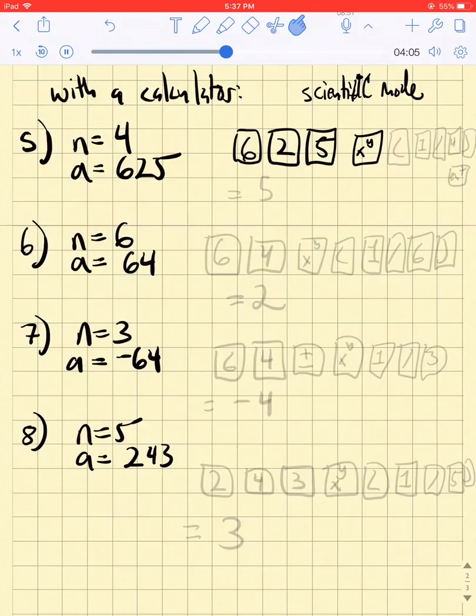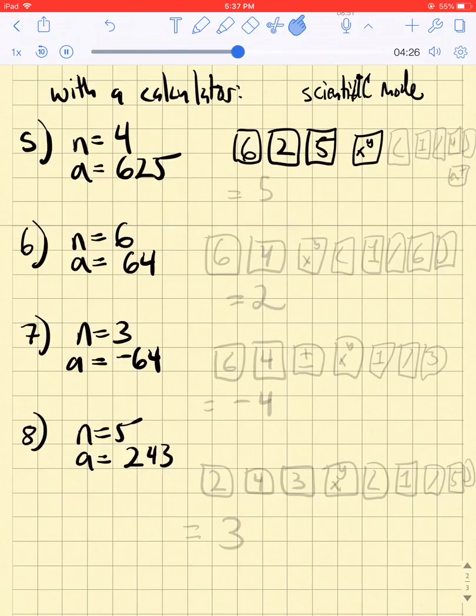And then for my exponent, after I hit x to the y, I do parentheses, 1, division symbol, 4, close parentheses, and I hit enter. Okay?